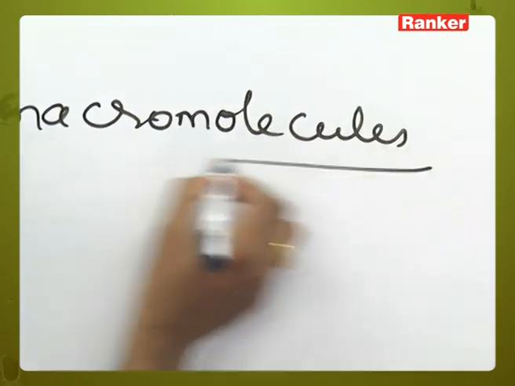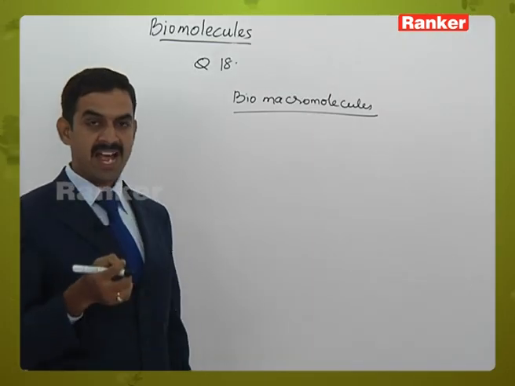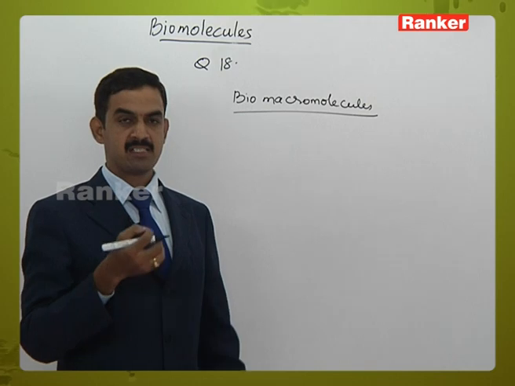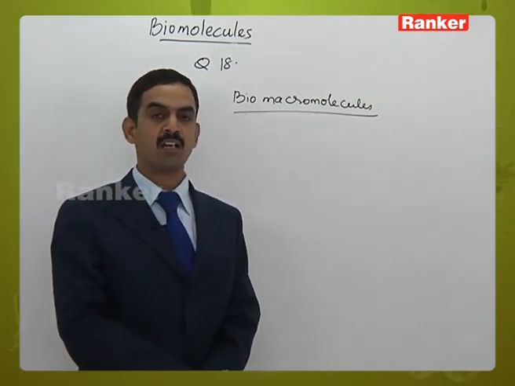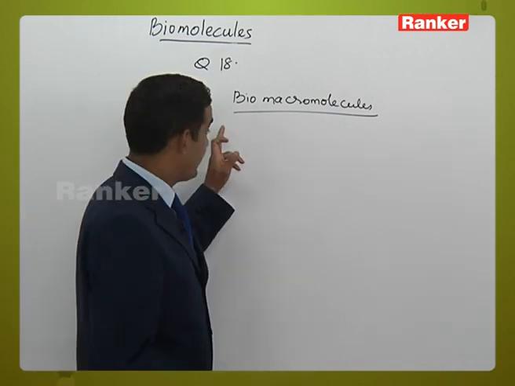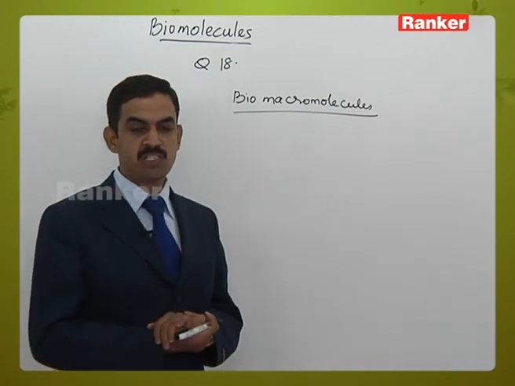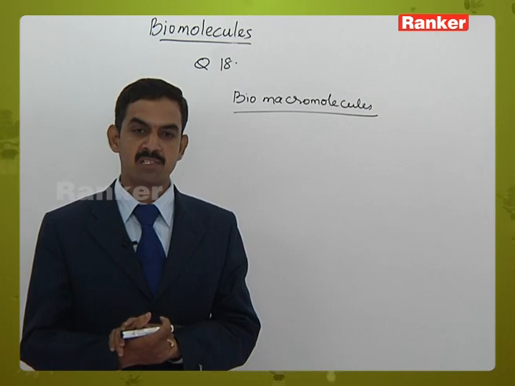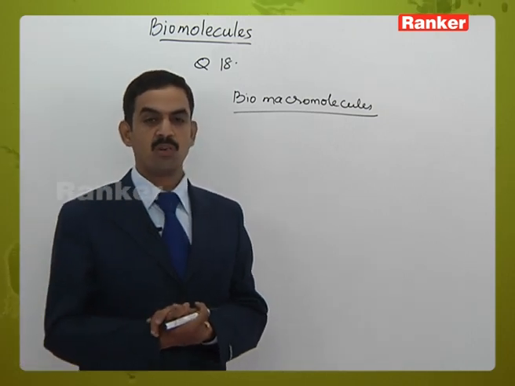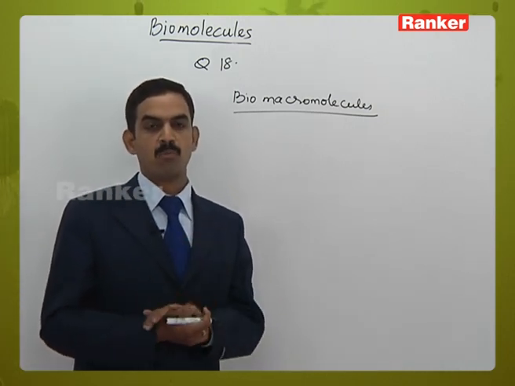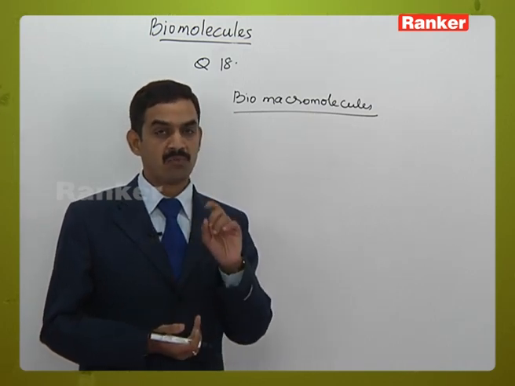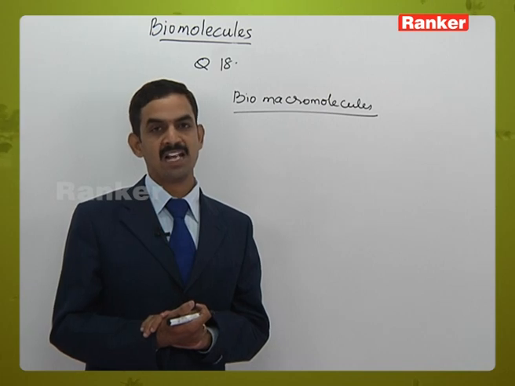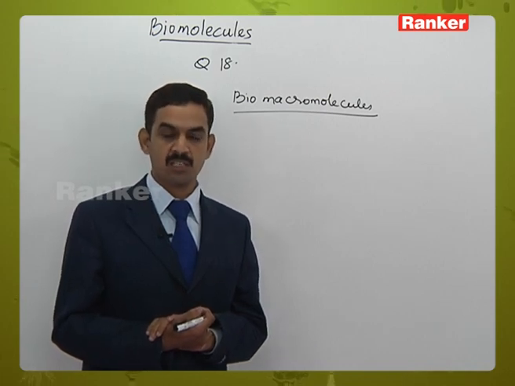Biomacromolecules are the molecules which have a high molecular weight, more than 10,000 Daltons. Here in the given options, that is proteins, nucleic acids, polysaccharides and lipids. Out of all the 4, all biomacromolecules have greater than 1000 Daltons, but one of them has less than 1000 Daltons, that is lipids.